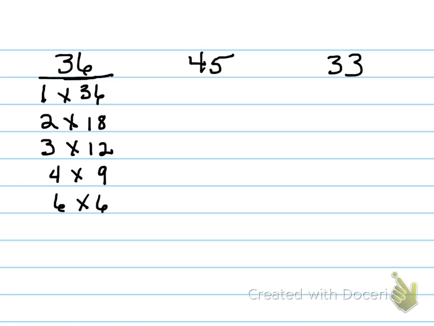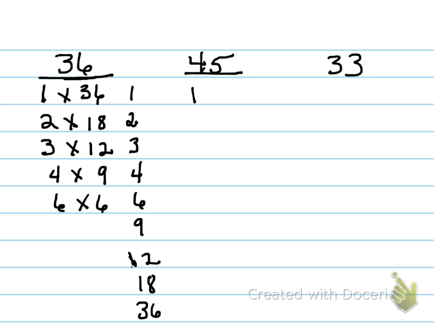Oh, look, crisscross applesauce, I'm repeating. So the factors of 36 are 1, 2, 3, 4, 6, 9, 12, 18, and 36.